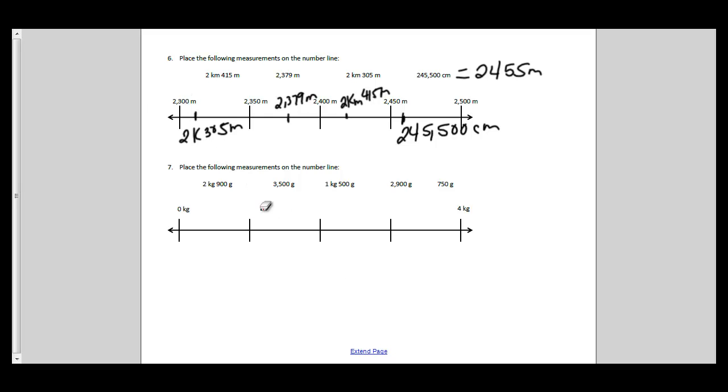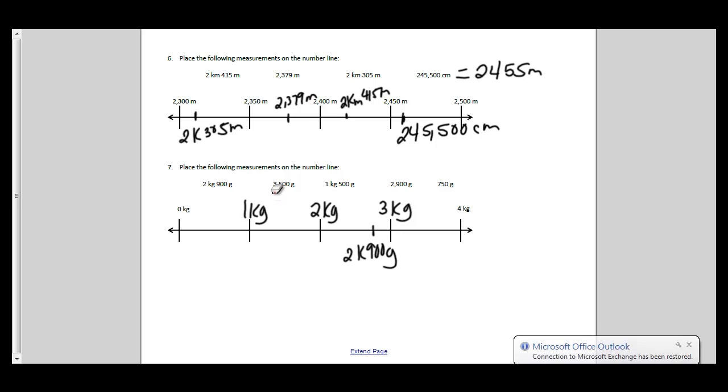All right, you're going to come through here, and first of all, I'm noticing that these are all kilograms, so I can just go ahead and label these if that makes it easier. All right, so I've got 2 kilograms, 900 grams. That will go here. And I've got 3,500 grams. That would be 3 kilograms, 500 grams. 1 kilogram, 500 grams.